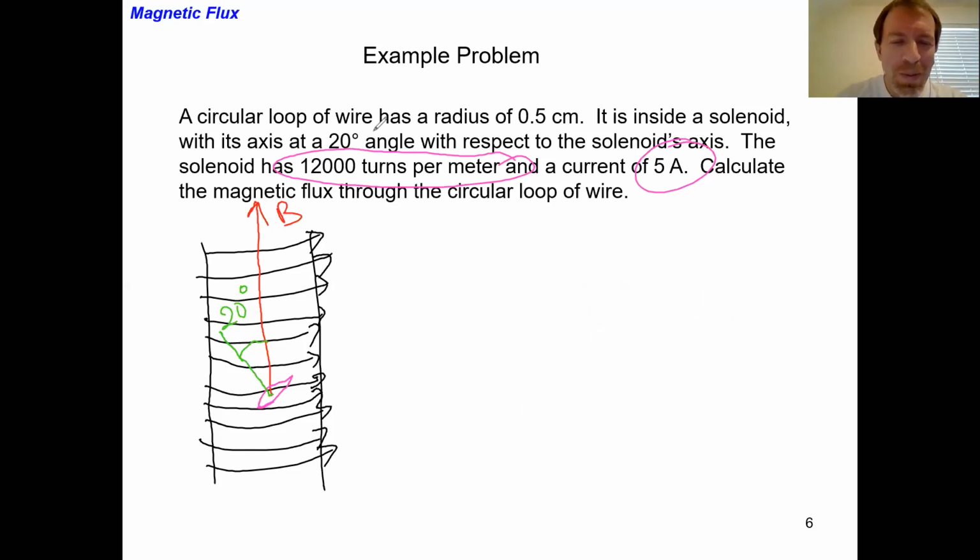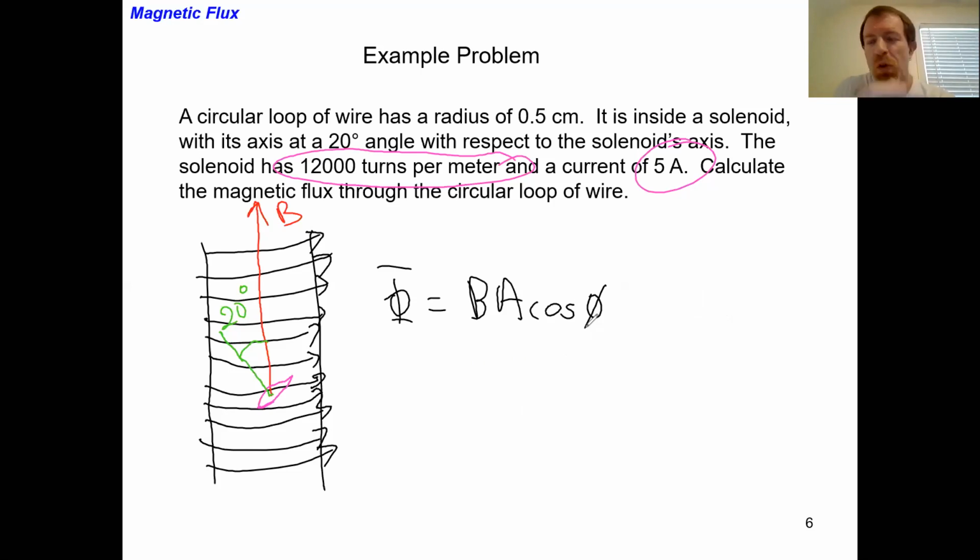All right. So let's see. We want to figure out the flux, which is, flux, there's that symbol for flux, is equal to B times A times cosine of phi. Area, well, our fuchsia or purple loop there is a circle.